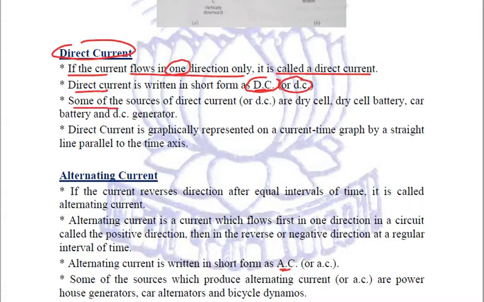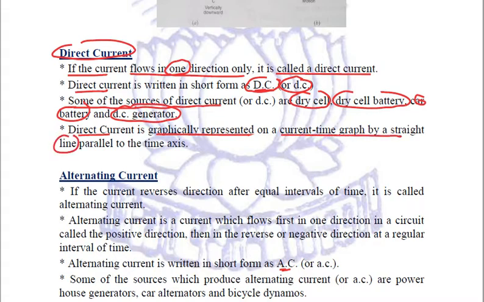Some sources of direct current are the dry cell battery, the car battery and the DC generator. Quite importantly, direct current is graphically represented on a current time graph by a straight line parallel to the time axis. So if I draw a graph between current and time, it will be a straight line parallel to the time axis.